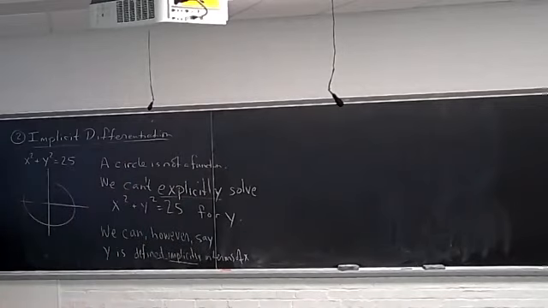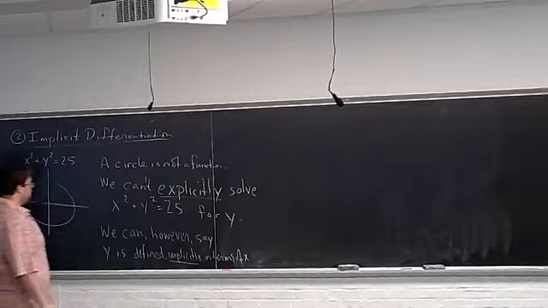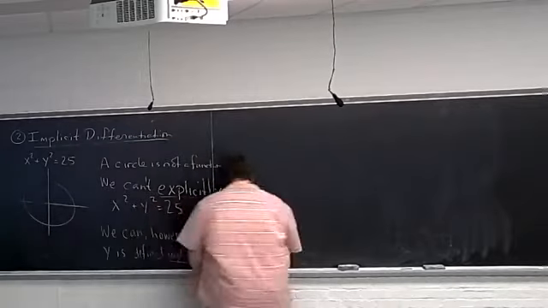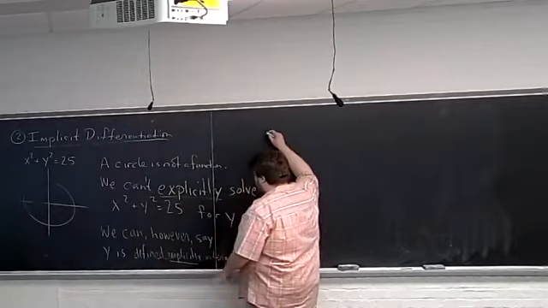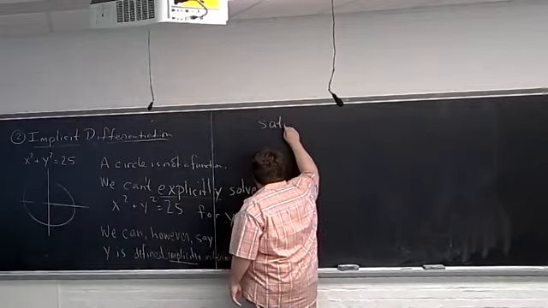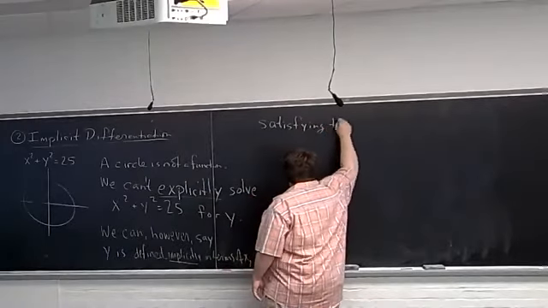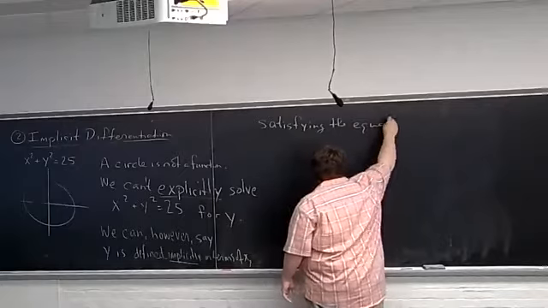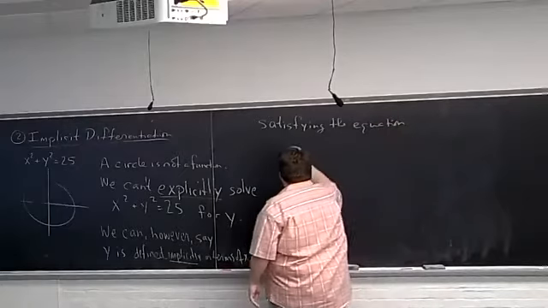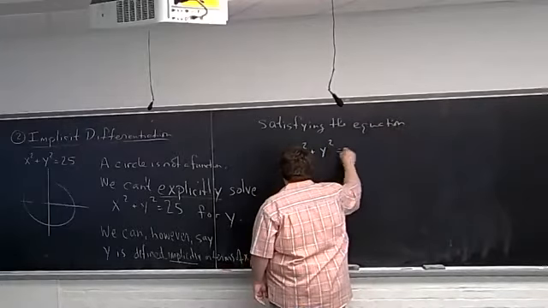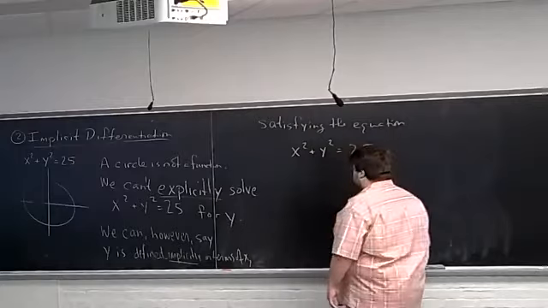So we can say, in this case, y is defined implicitly in terms of x, satisfying the equation x squared plus y squared equals 25.